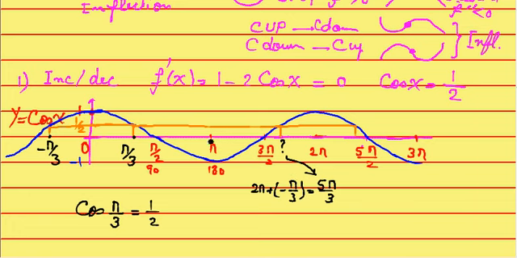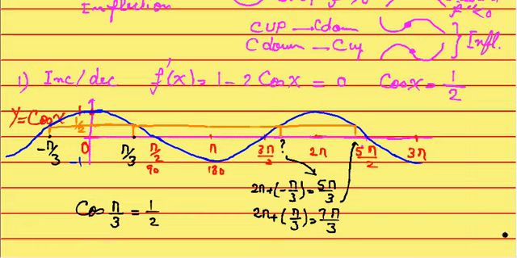And this one, you take this angle and add 2 pi to it. You're just moving from this crest to the next one. 2 pi plus pi/3 gets you to 7 pi/3. That is where this angle is.